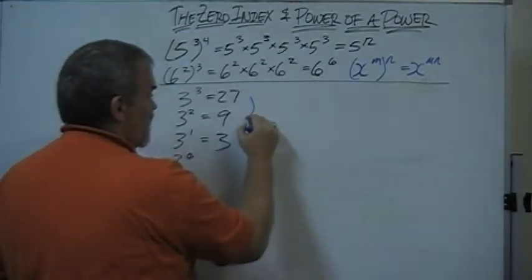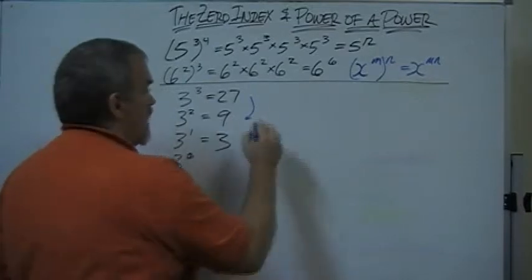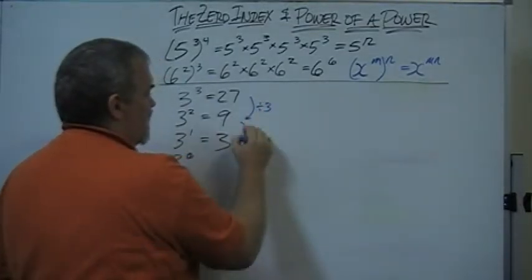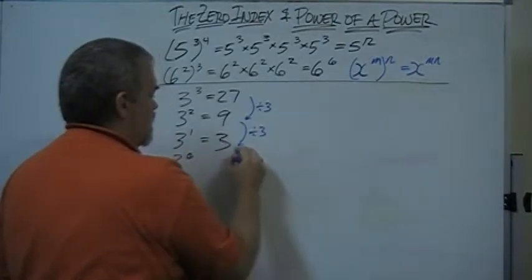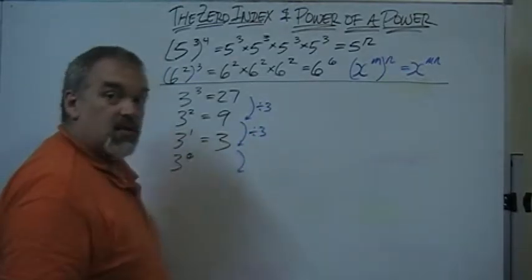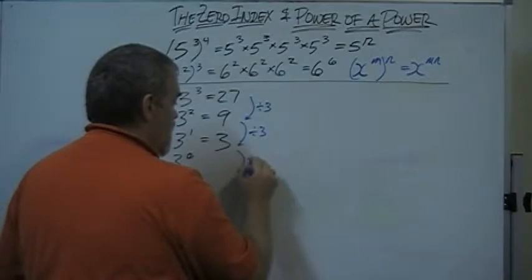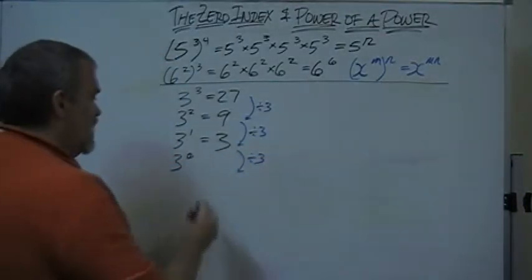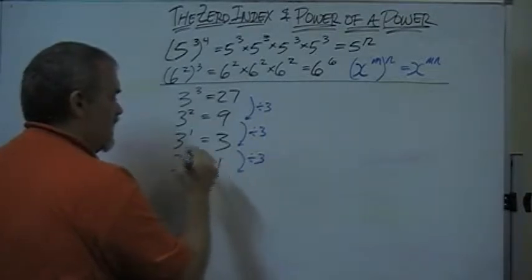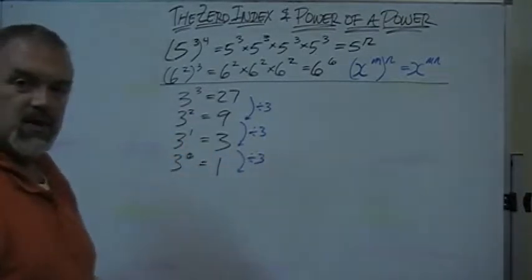What did I do to go from here to here? I divided by 3. From here to here, I divided by 3. So from here to here, what would I do? Yes, same thing, divide by 3. And what do I get? I get 3 to the 0 equals 1. Because 3 divided by 3 is 1.